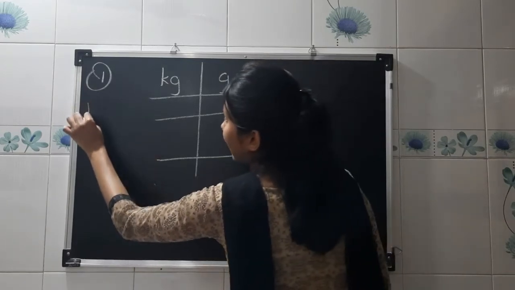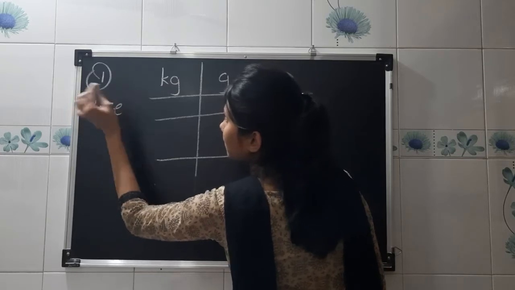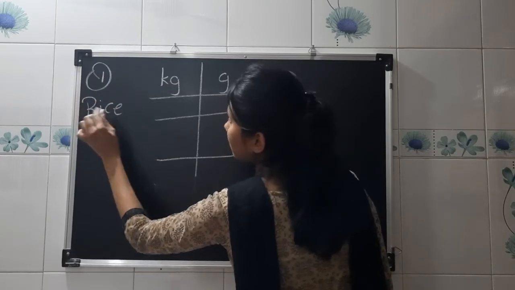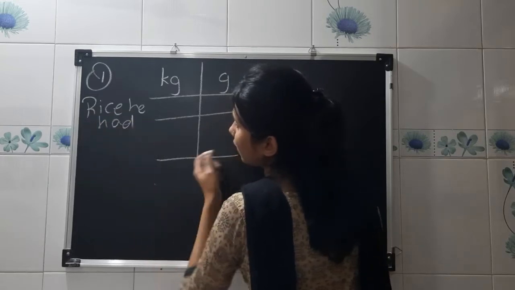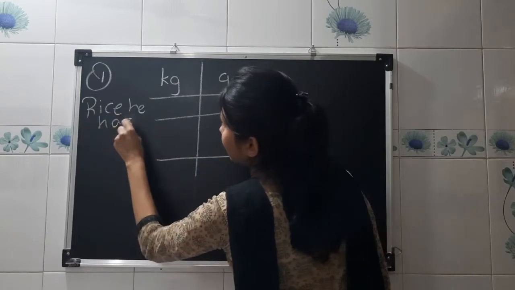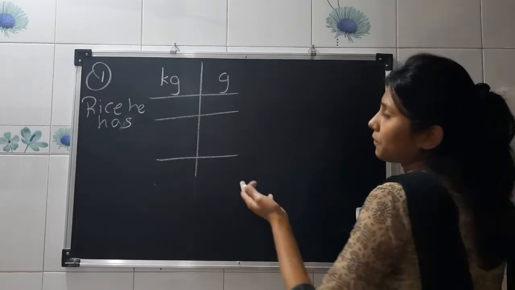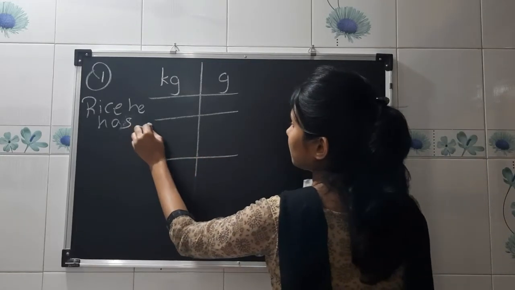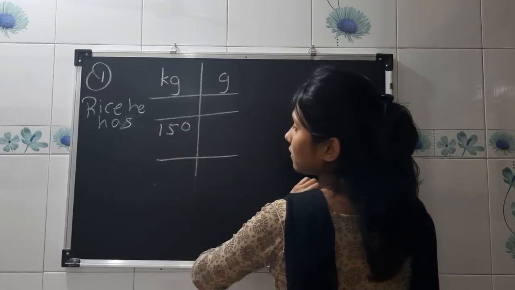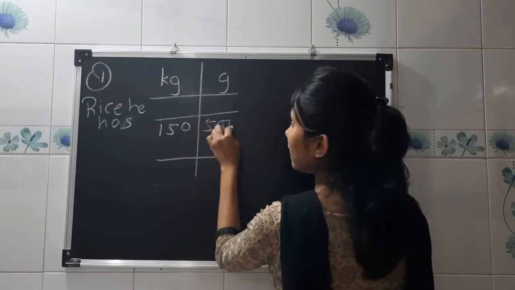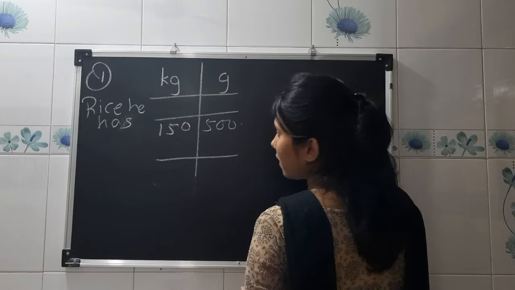So the rice the shopkeeper had, rice he has how much? 150 kgs and 500 grams.